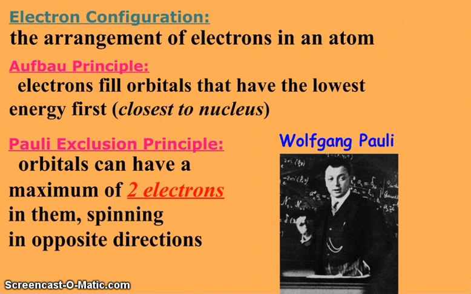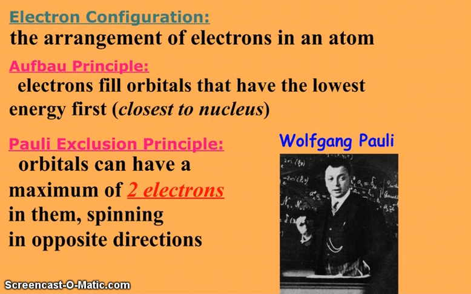Next we have Pauli's exclusion principle, thanks to Wolfgang Pauli. This says that orbitals can have a maximum of 2 electrons in them, and if there are 2 electrons in the orbital, they must be spinning in opposite directions. Remember that electrons have the same charge, and like charges repel.